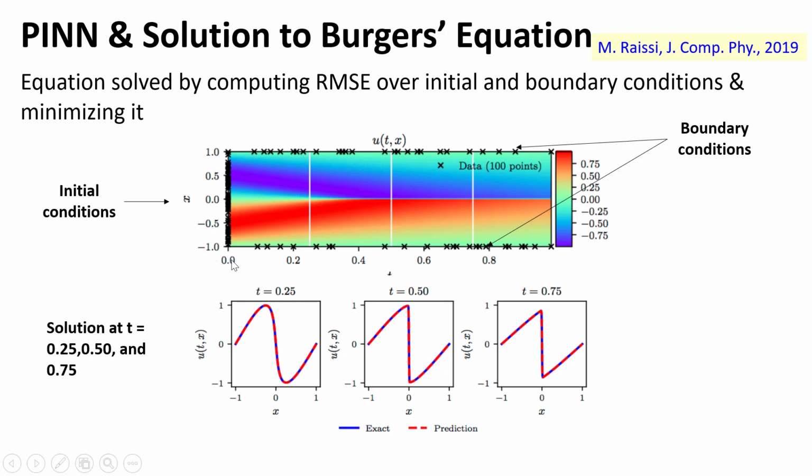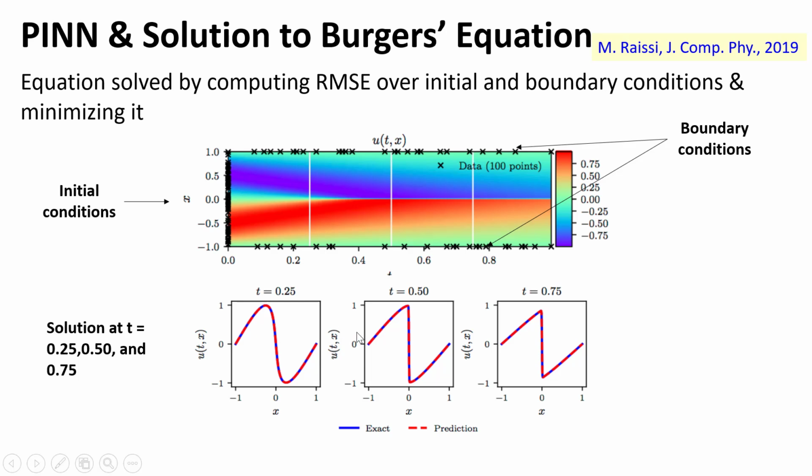Initial condition is when t is equal to 0. The solution that we get is shown for 3 different times, between x equal to -1 and 1, at t equal to 0.25, 0.5, 0.75, and we see that the prediction, the red dots, actually perfectly match the exact solution which we know.